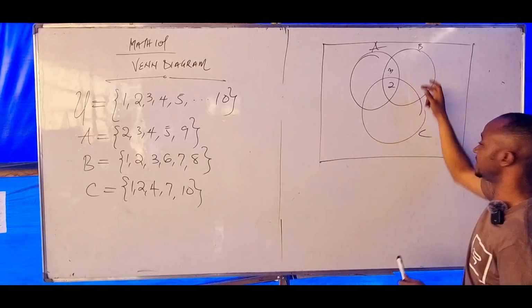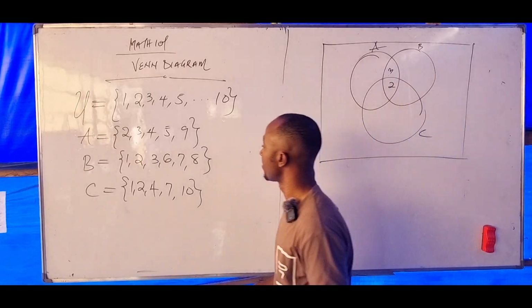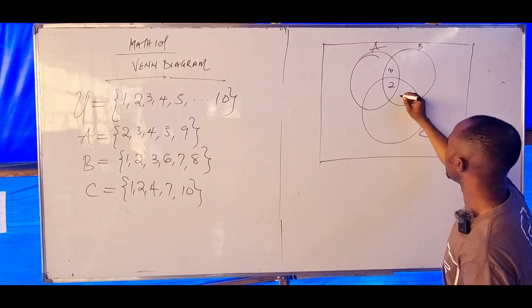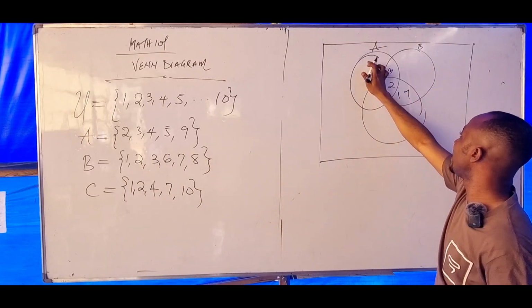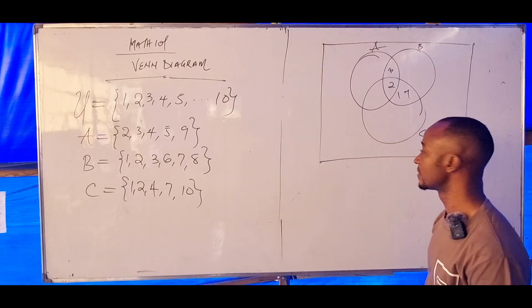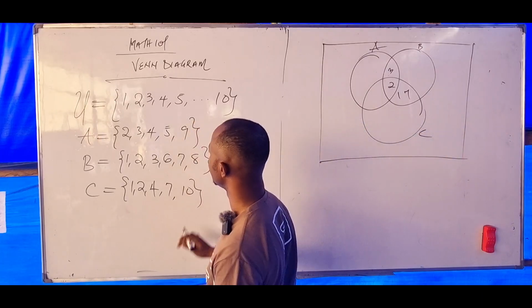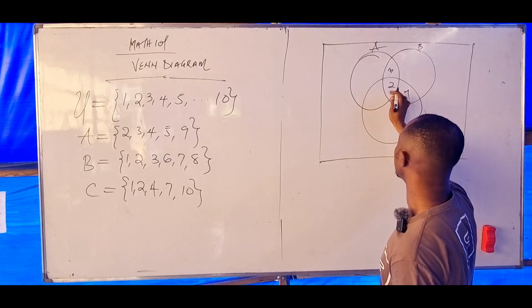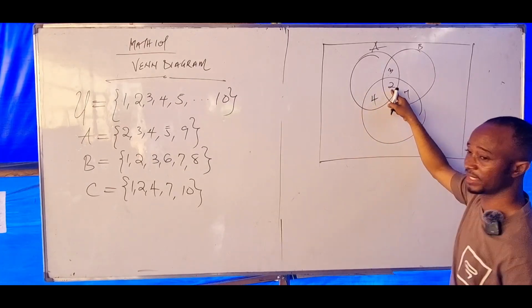Between B and C, apart from 2, 1 and 7, right? What about A and C? Just 4. 2 is already here.